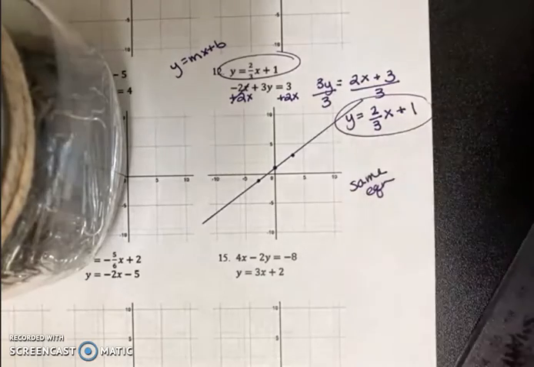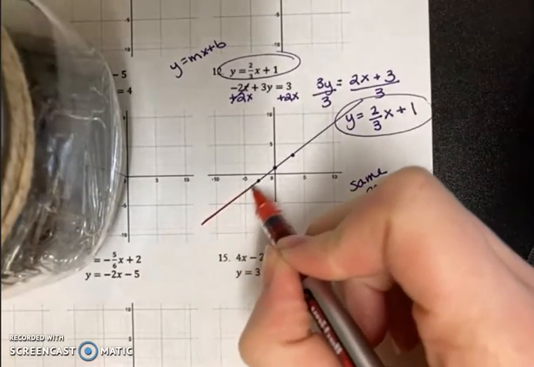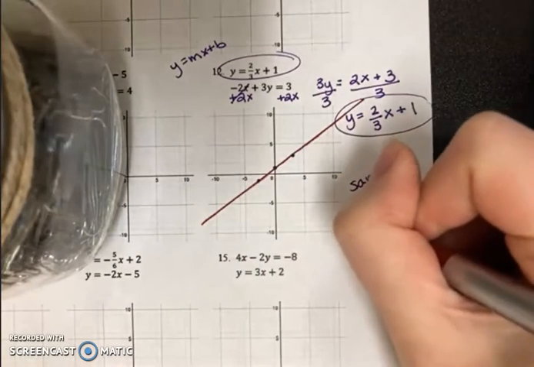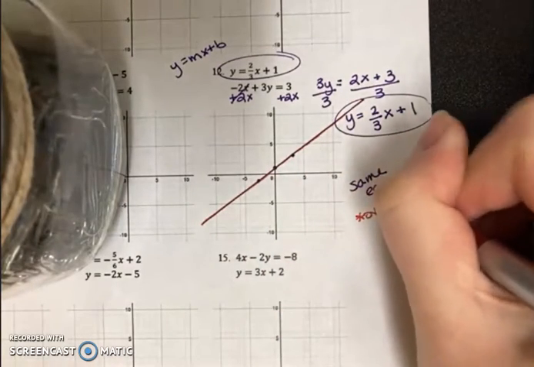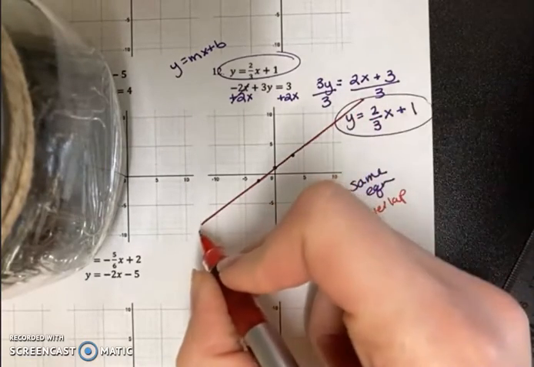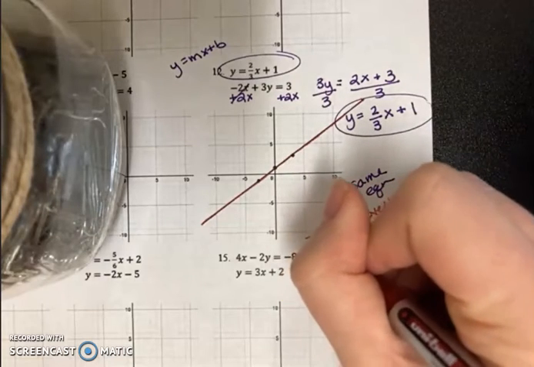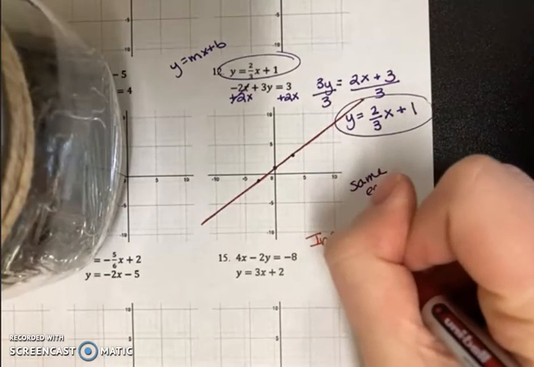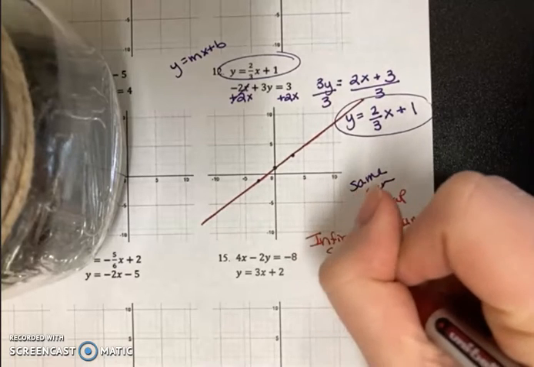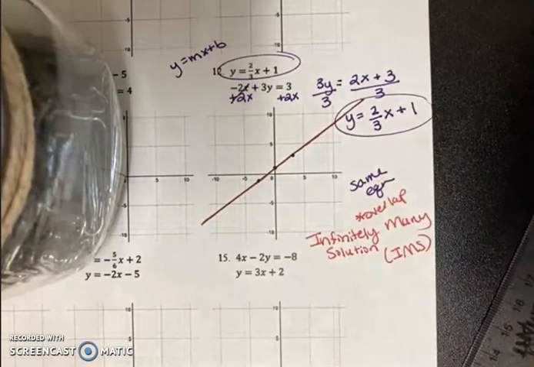That means when you would go to graph the second one, it would overlap the first one perfectly. That means they have multiple points of intersection. In fact, because they overlap perfectly, there are infinitely many solutions, which we could abbreviate as IMS.